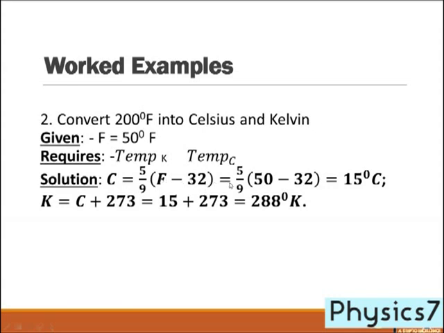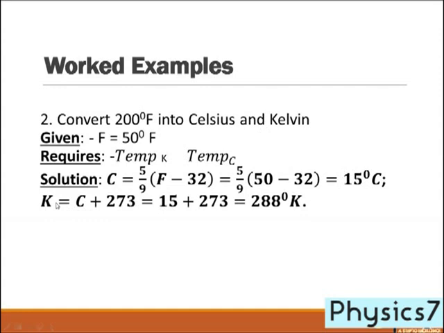And if we do that, we get that the temperature in degrees Celsius is equal to 5/9 multiplied by 50, in bracket, minus 32 and the close bracket. That will give us a value for the temperature in degrees Celsius as being equal to 15 degrees.